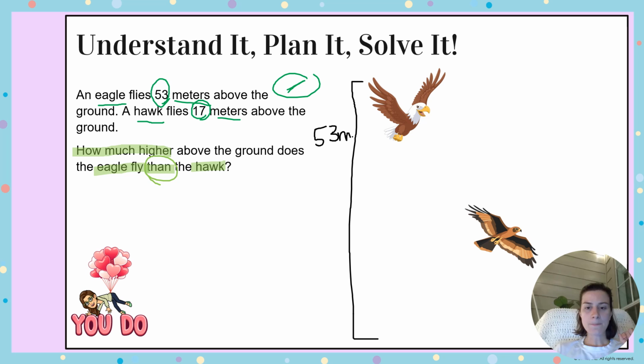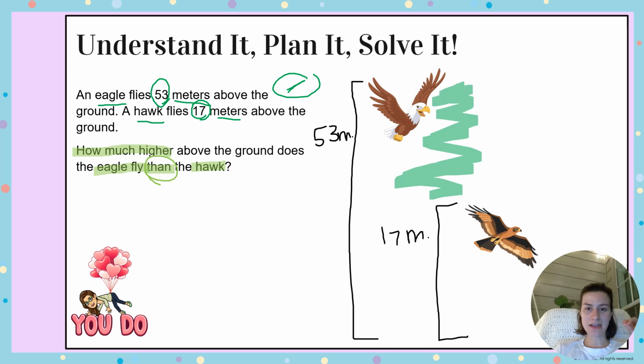Okay, my eagle is 17 meters above the ground. What I'm trying to find is the difference between these two measurements, the space between these two measurements. So this space right here, that is what I'm measuring, okay? That is what I'm measuring.